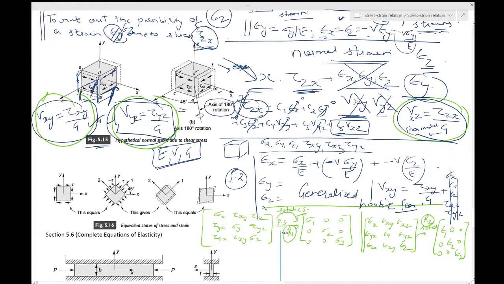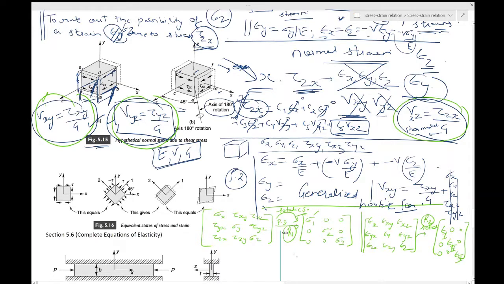The principal axes of the stress would be, for example, in the direction 1, in the direction 2 and in the direction 3, and let me use Roman numerals over here just so that we don't confuse.